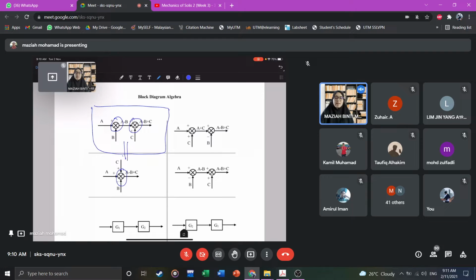Or if you see one summation point but you want to separate it into two summation points, you can also do that.